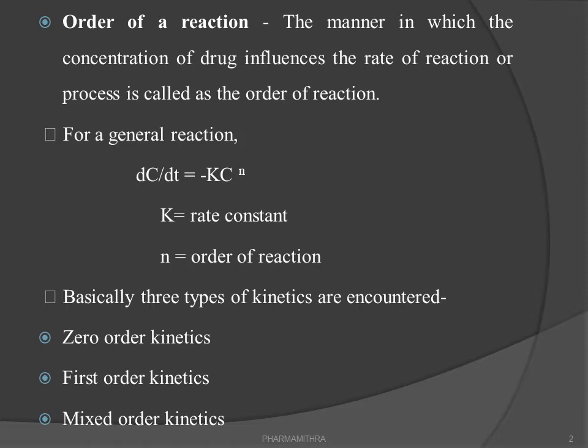And this process can be expressed mathematically by the rate at which it proceeds, the order of such process, and the rate constant. The velocity with which a reaction or a process occurs is its rate, and order of a reaction means the manner in which the concentration of the drug or the reactant influences the rate of the reaction or the process.